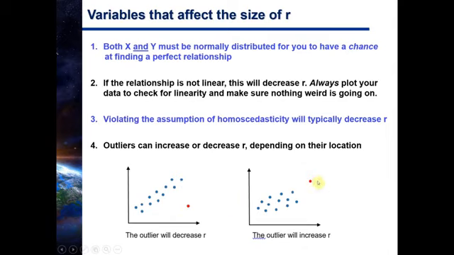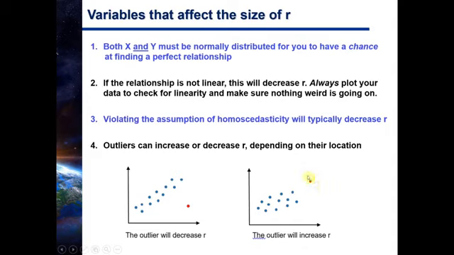Now, what about this one? You might think, oh, if we omit it, then our R value will increase, right? Just like here, we said if we omit it, then the R value is going to increase. Well, the only reason why it will increase if we omit this one is because this one is taking away from the pattern. But this one is reinforcing the pattern, right? It's reinforcing this direction.